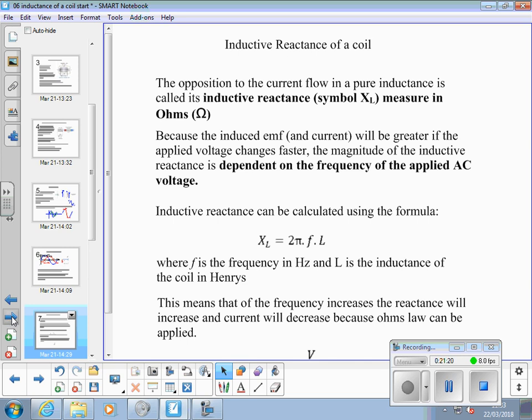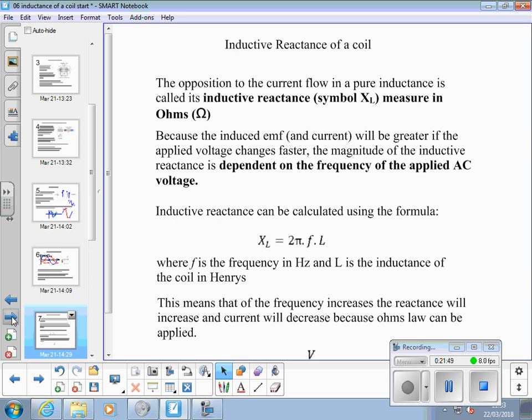So, the inductive reactance of a coil. It's called its inductive reactance. L being the symbol we use for an inductance, and X being the symbol we use for reactance.